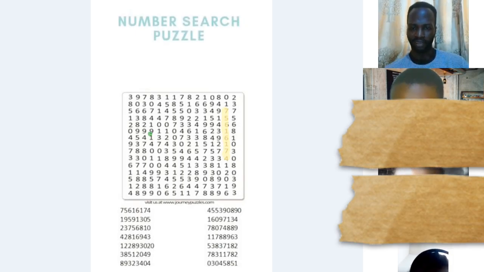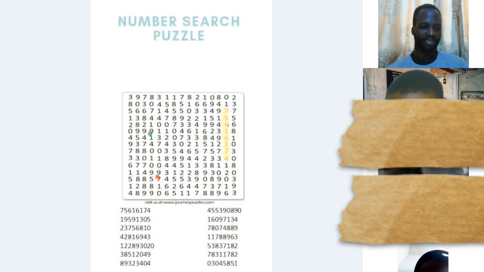Otobon, are you there? Or you can't see it? Who else can see it? 19591305. Oh, Johannes, you can see it. Okay, let me make Johannes the presenter then.